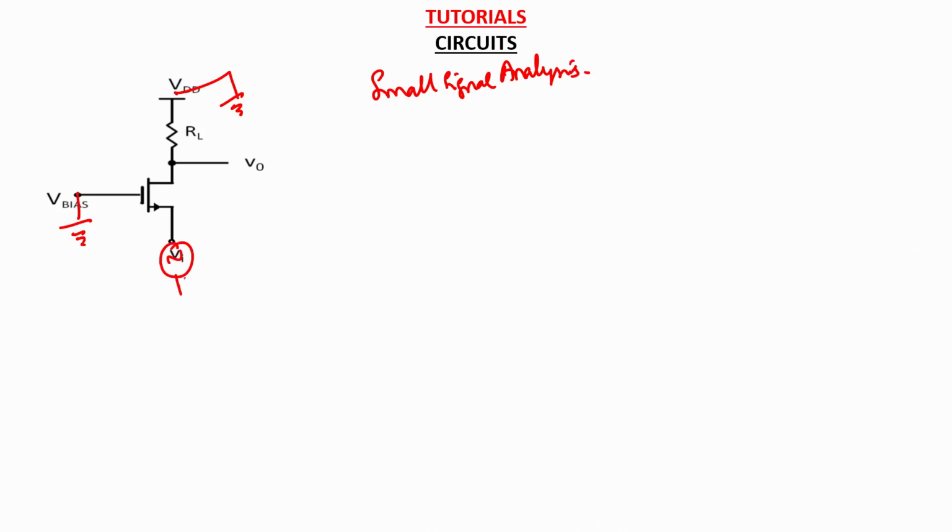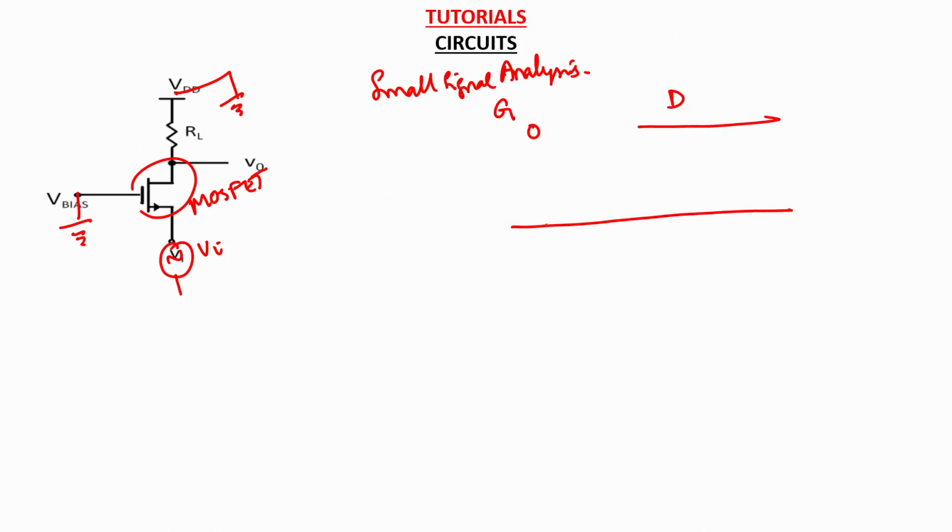So you see that your input is applied here and you see V out here, and for the small signal analysis you replace the MOSFET device with its equivalent small signal model, which looks something like this for a MOSFET device. So you have the gate terminal here, and the drain terminal here, and the source terminal here.